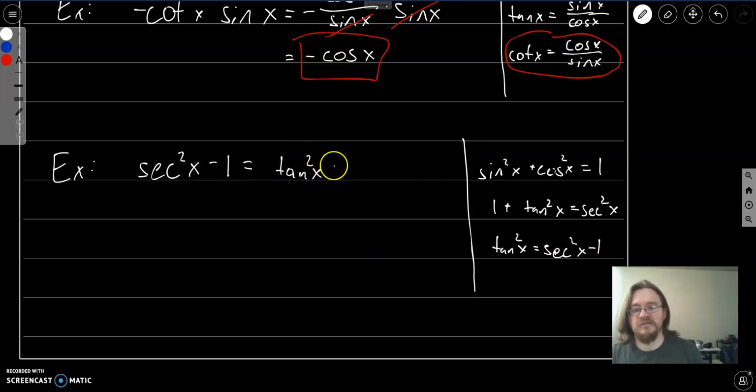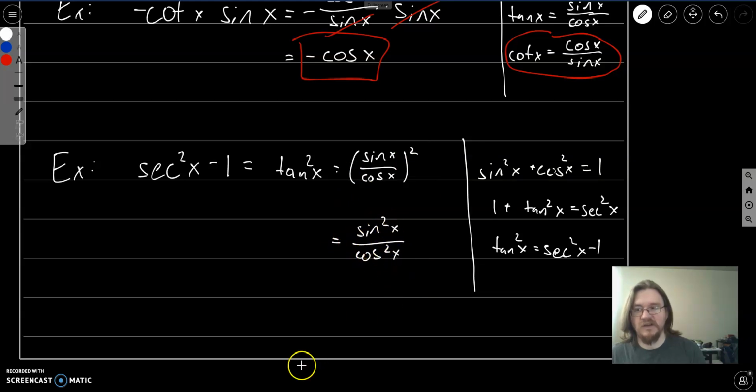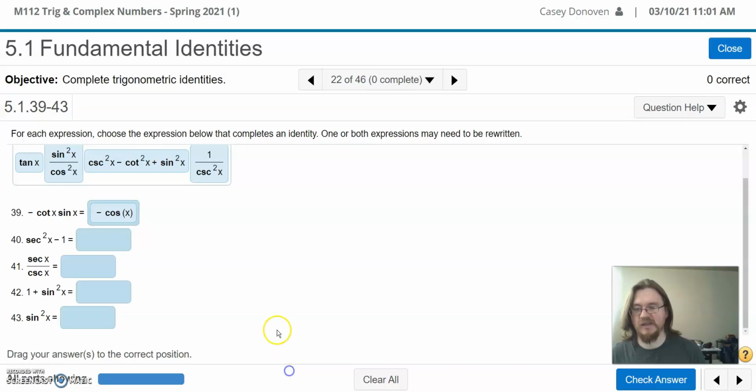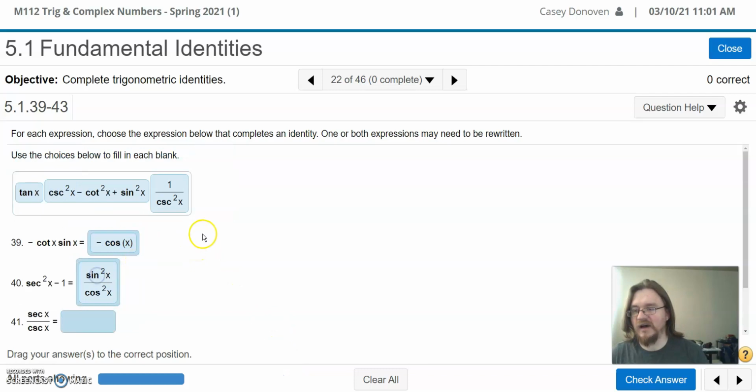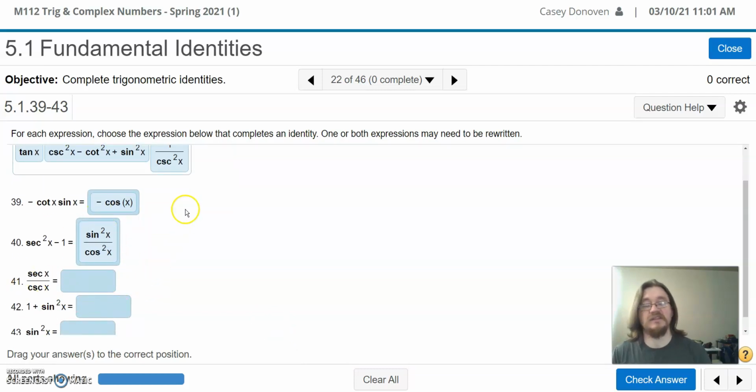And the tangent, I know, is sine over cosine. And then from here, this is just going to be sine squared over cosine squared, which is in fact one of the answers. Sine squared over cosine squared. And I will look at the next ones in the next video.